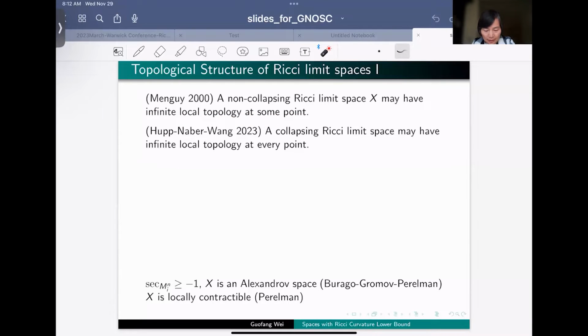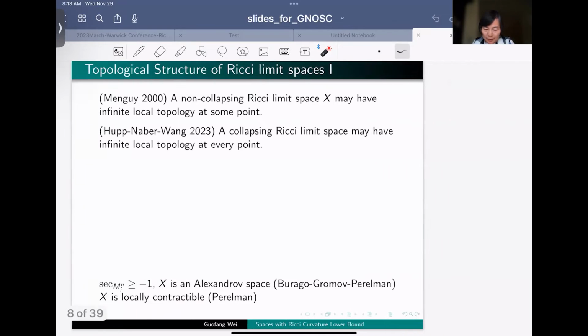Then very recently, Hupp, Naber and others gave an example for the collapsed case where this could happen at every point: in every arbitrary neighborhood, the second Betti number could be infinite. So it could be really, really bad. Compared to this, sequences with a sectional curvature lower bound have limits usually called Alexandrov spaces, and we know before that those spaces are always locally contractible. So it's much, much better.